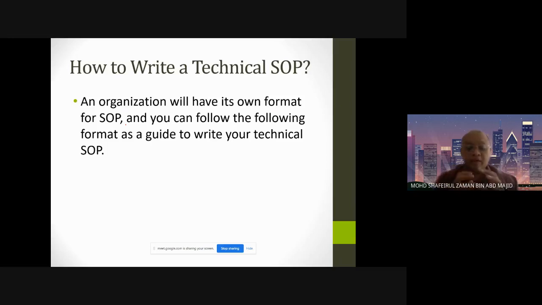So the format and standard will be a bit different from the one we are going to share with you, but the components and the content for each component will be the same. What you put in for each component will be the same, though the layout, format, or standard will be a bit different.